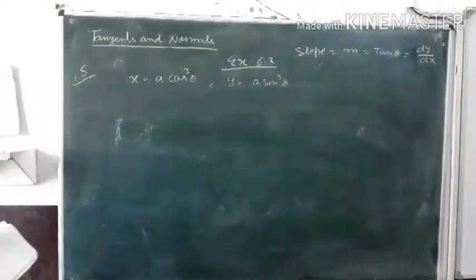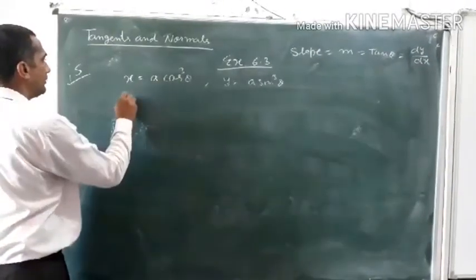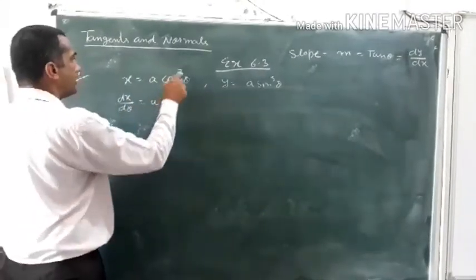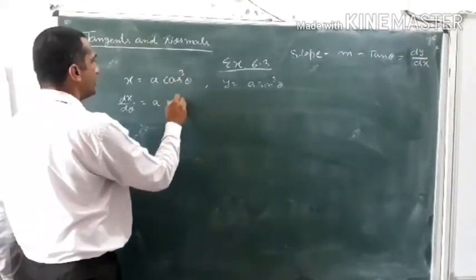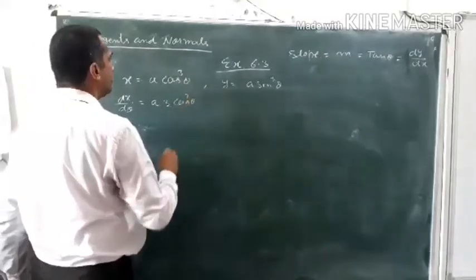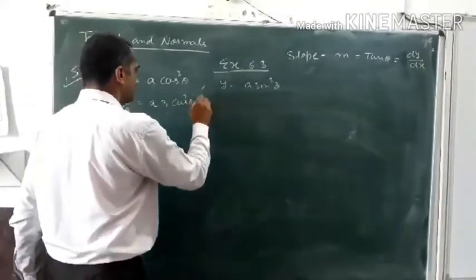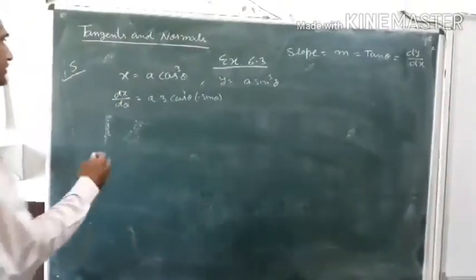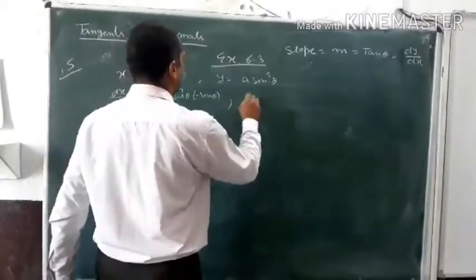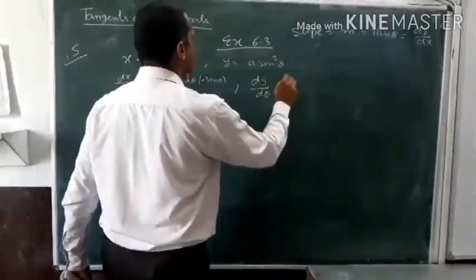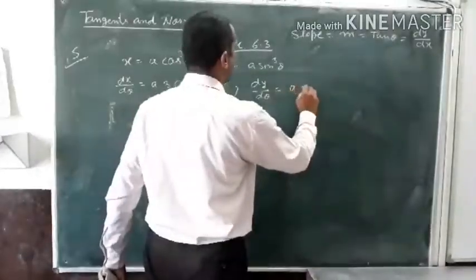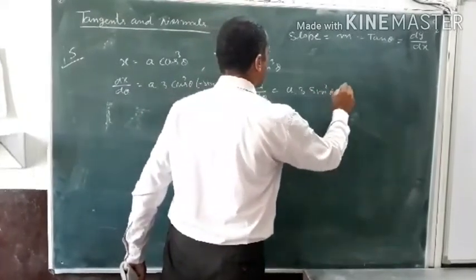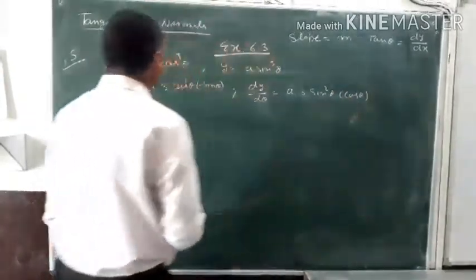So differentiate this with respect to theta. It will be dx over d theta is equal to a into 3 cos square theta into minus sin theta, because the derivative of cos theta is minus sin theta, and dy over d theta is equal to a into 3 sin square theta into cos theta.